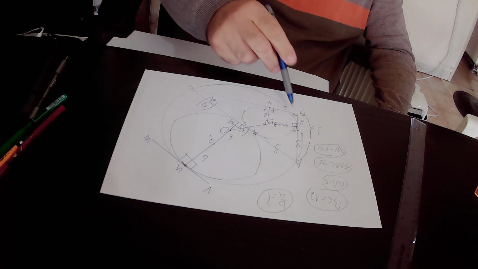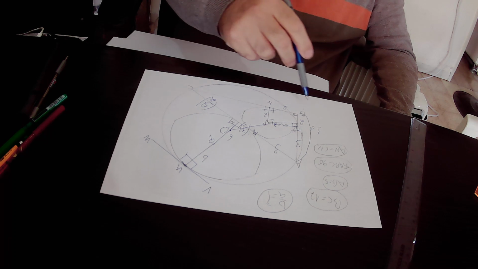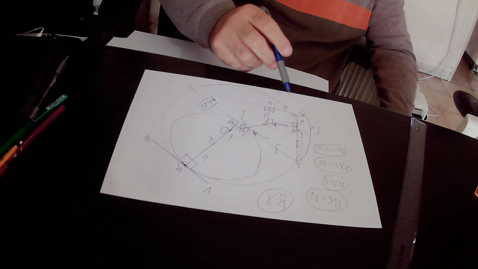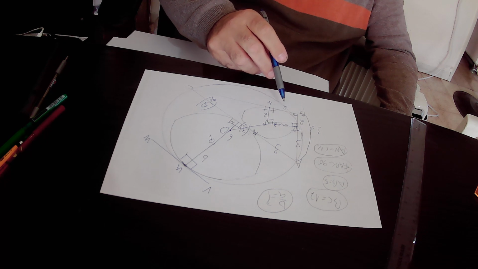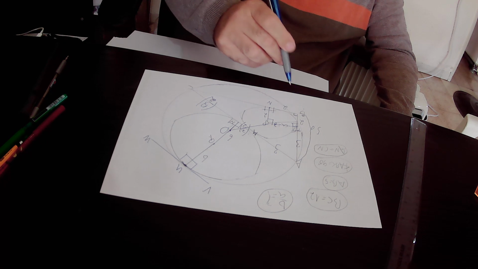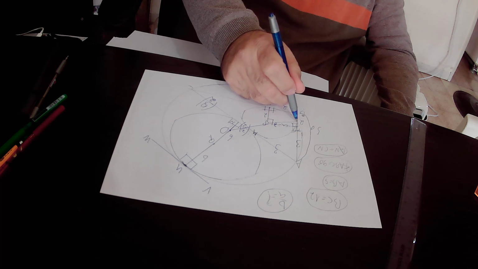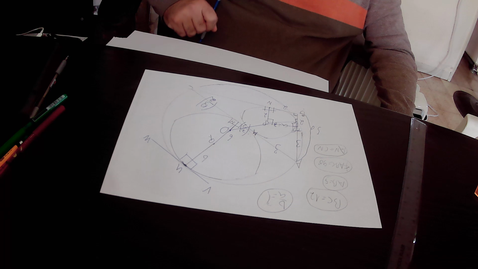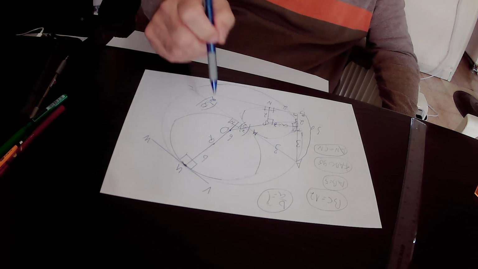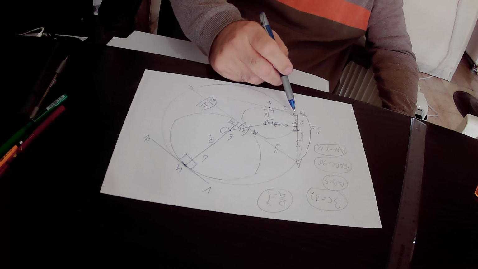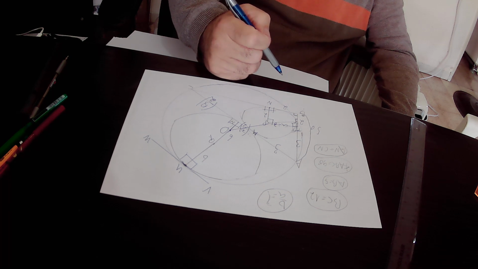Those two circles are touching each other at this point. We define the touching point as S.